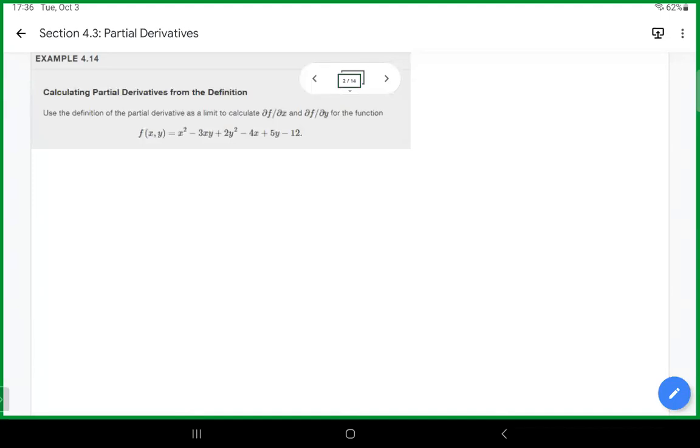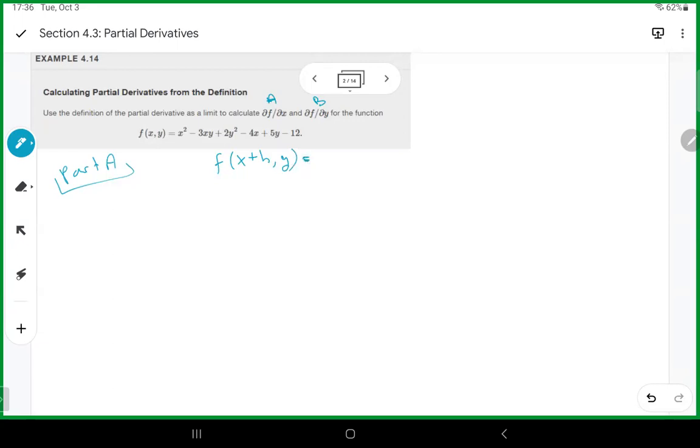All right, so we'll say that this is A and this is B. So for part A, the first thing we want to do is calculate f of x plus h comma y.